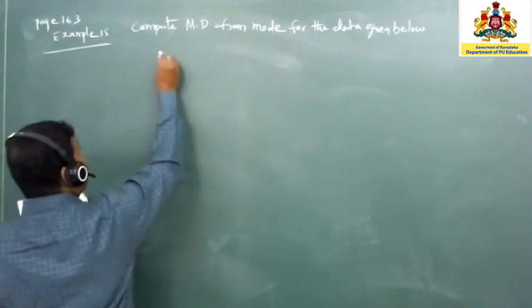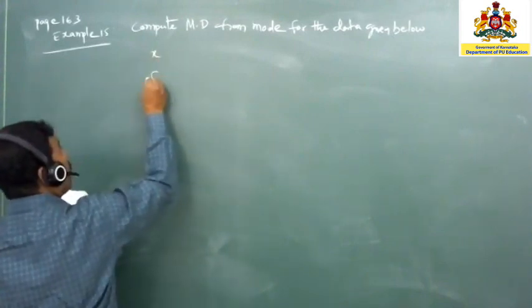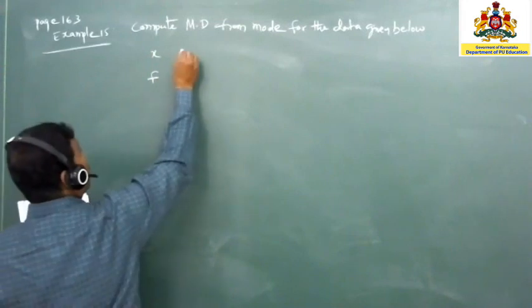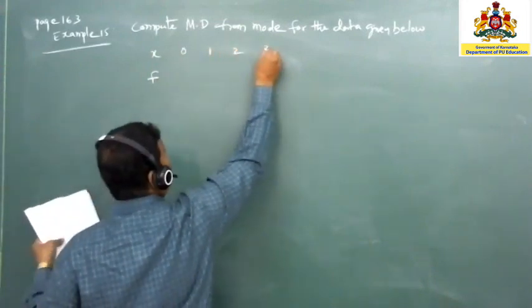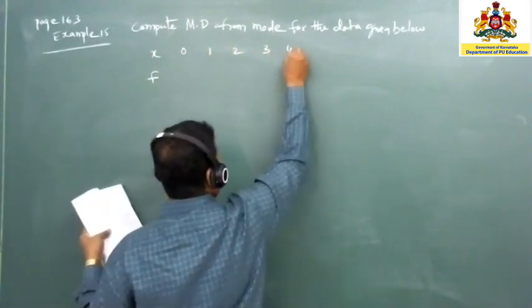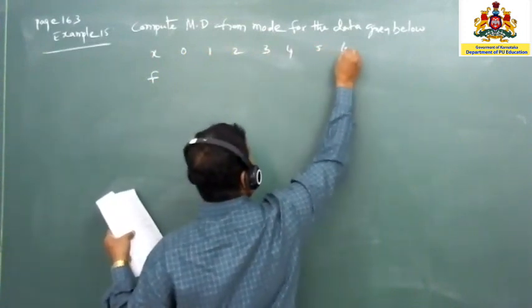Data is x, f. X values 0, 1, 2, 3, 4, 5, 6.